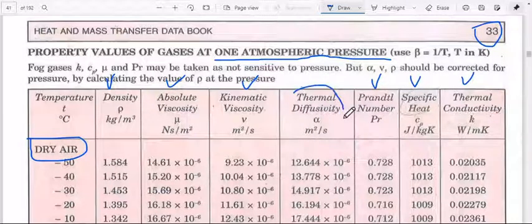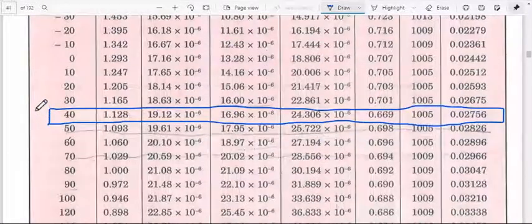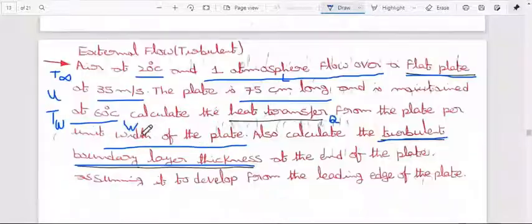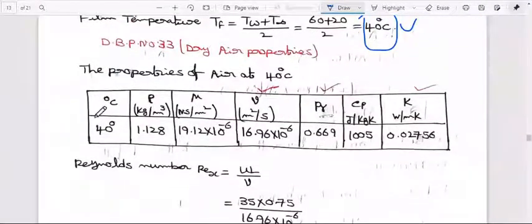The thermal diffusivity value comes under conduction, so we don't need to take it. So I am considering 40 degrees values in this table.